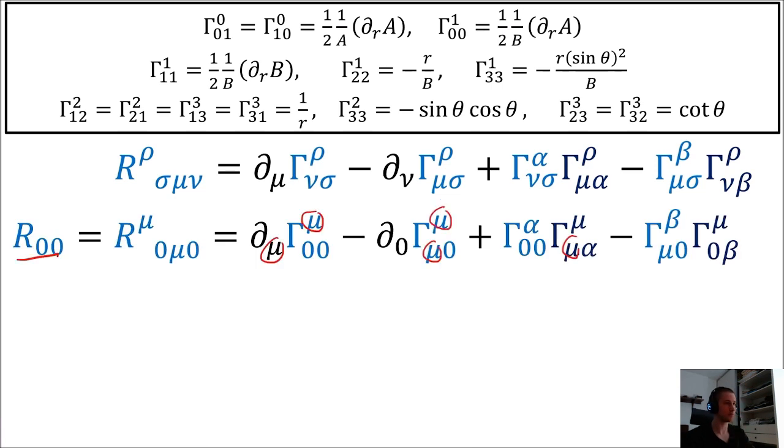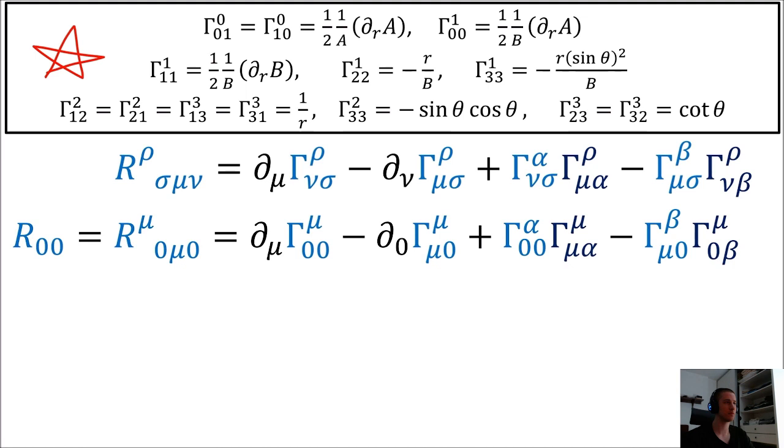Now, there are a lot of summations here, like the summations over mu, alpha, and beta. But it will turn out a lot of these summation terms go to 0. For each of the 4 terms here, we need to look at the non-zero connection coefficients and decide what the non-zero coefficients in these summations are.